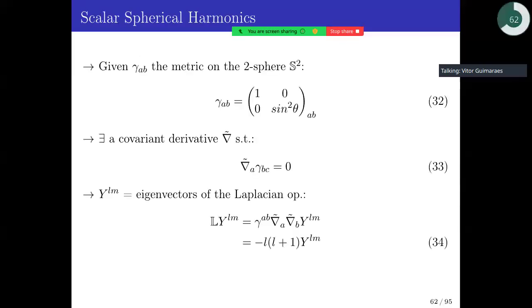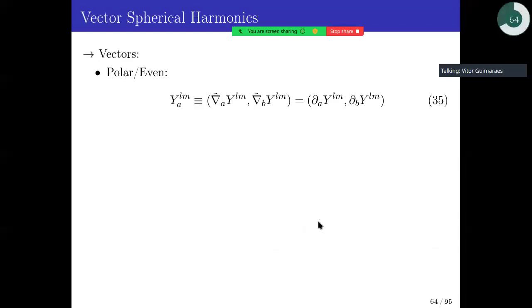But okay, so now we know how scalars behave very well because we are used to using them. But what about vectors?